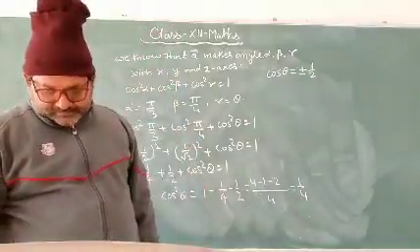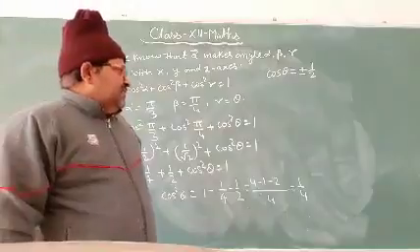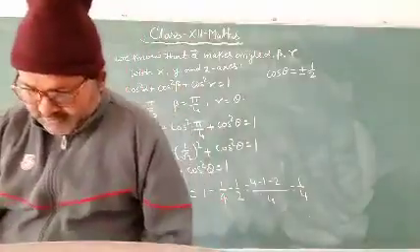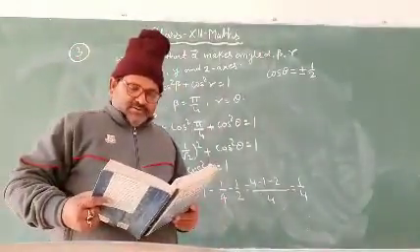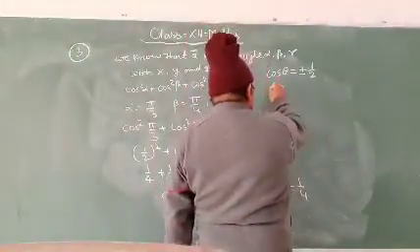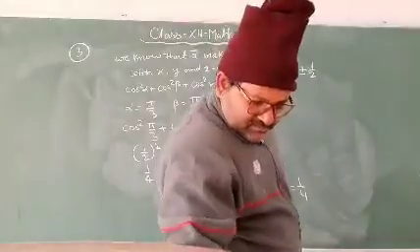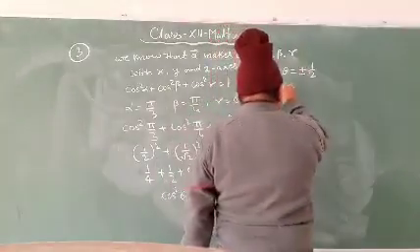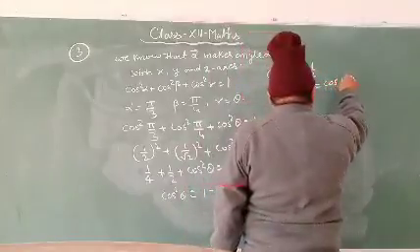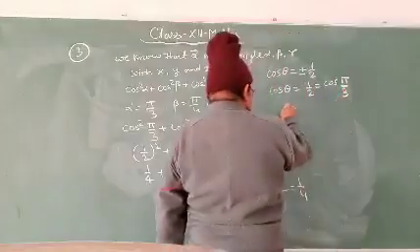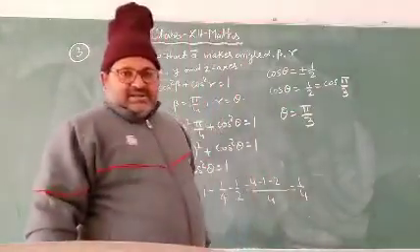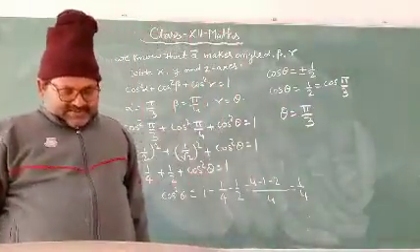Clear? Since theta is acute, cos theta equals 1 by 2, which equals cos pi by 3, and theta equals pi by 3.